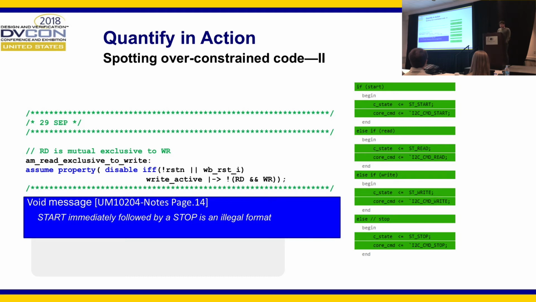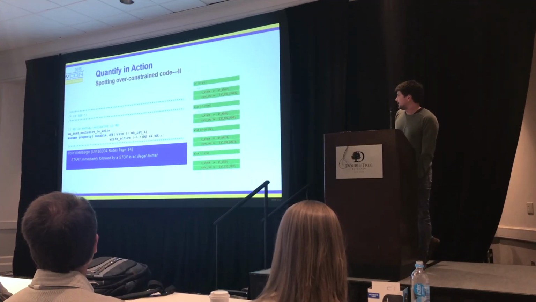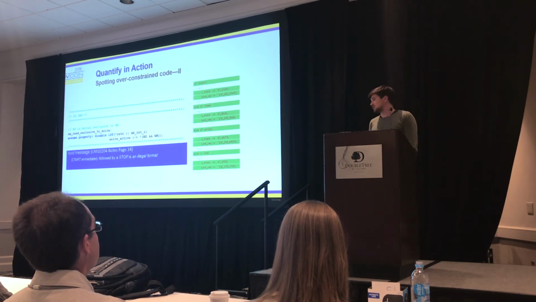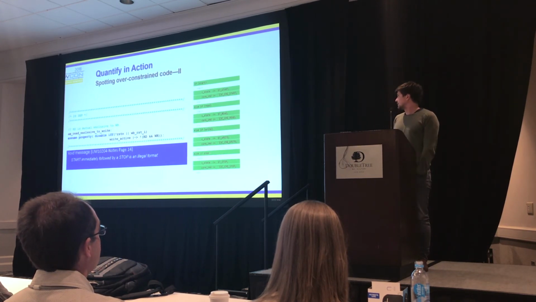But this also points to something to think about: a start can follow a stop without transmitting any data. This leads to a void message, which is an illegal format, a start immediately followed by a stop in I2C, but most designs can handle it nowadays.